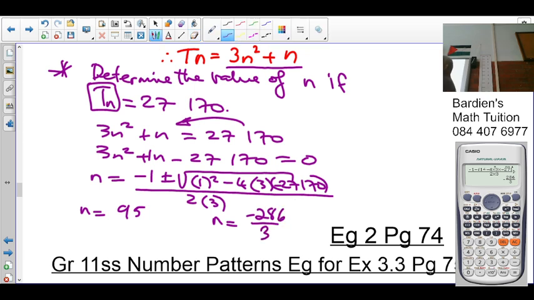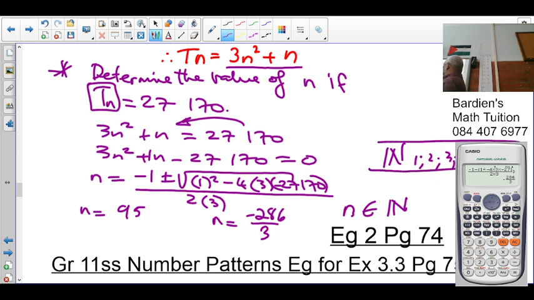People, what do we know? What is the nature of n? n is an element of natural numbers only. Not so? So what do natural numbers entail? It's 1, 2, 3, 4, all the way to infinity. Those are natural numbers. It can't be a fraction, and it can't be a negative number. So can it be negative 286 over 3?